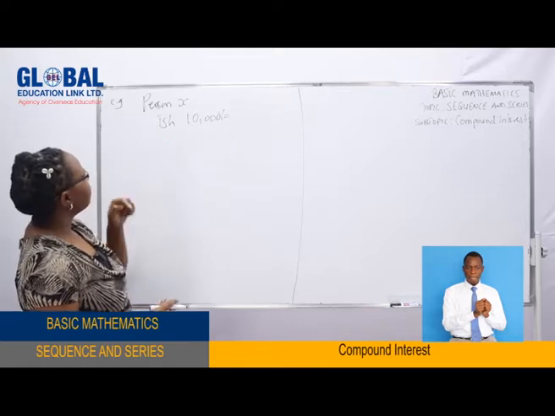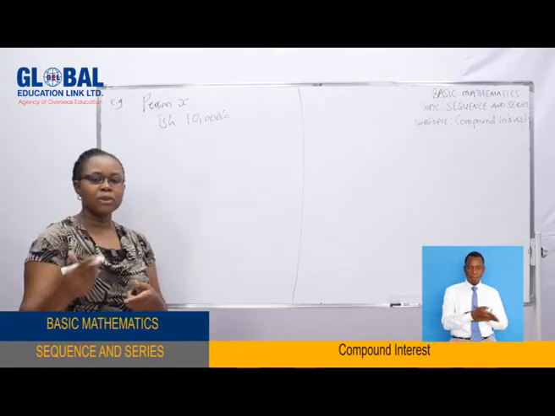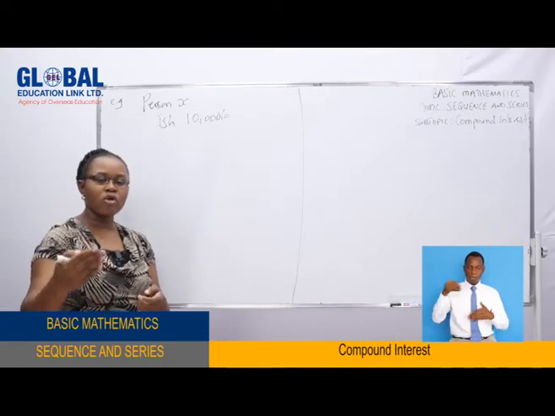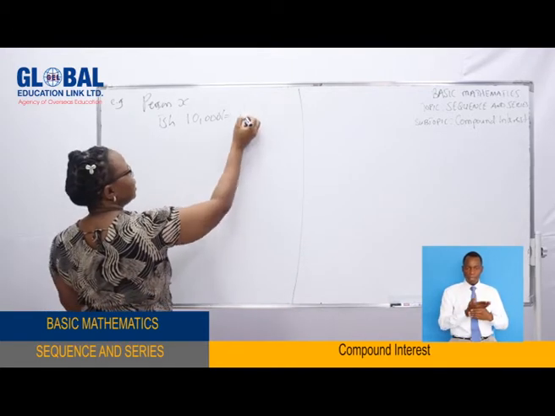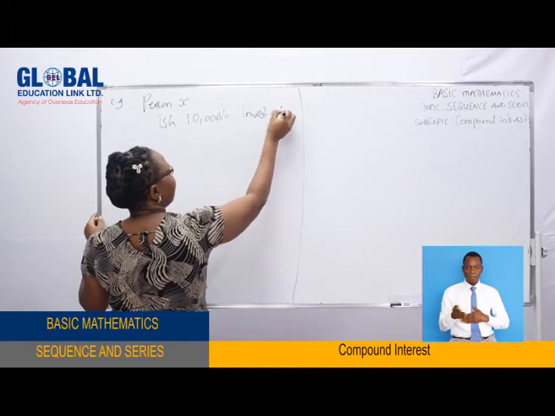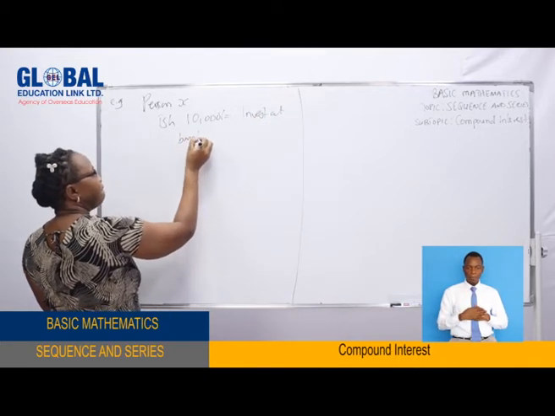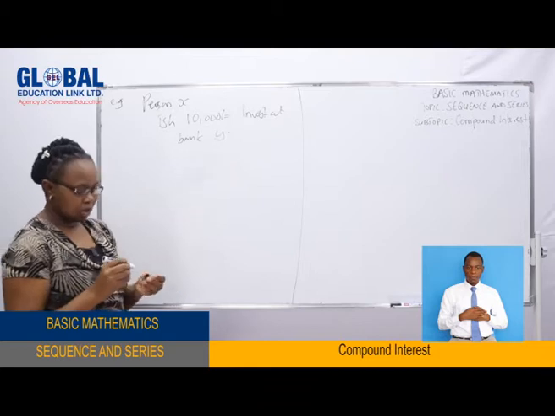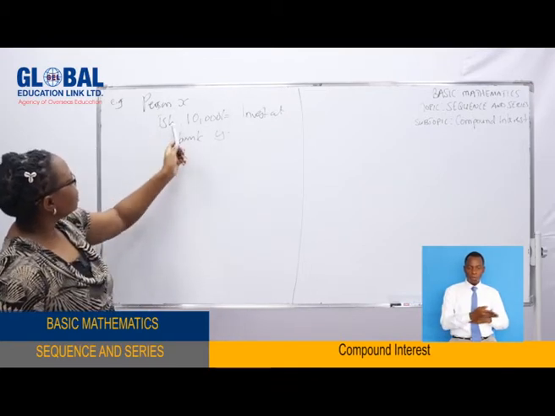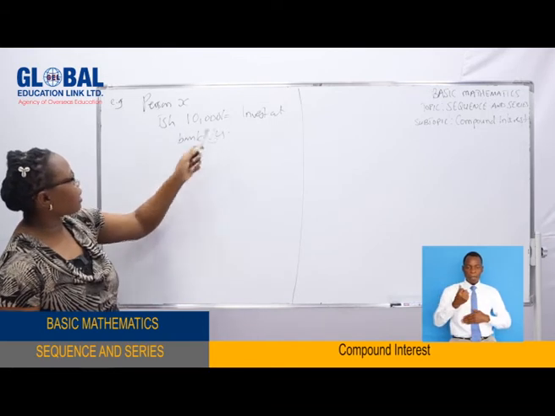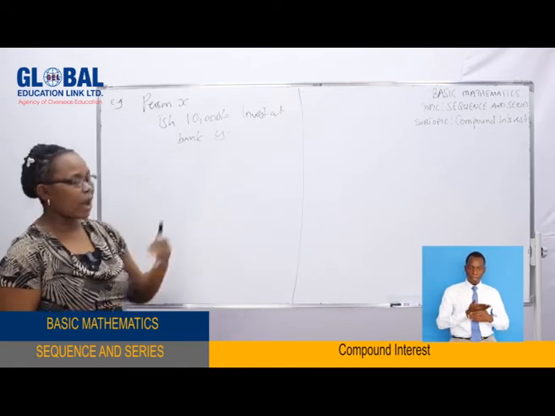This person X wants to deposit or invest his or her money at bank Y. So this person invests Tanzanian shillings 10,000 at bank Y.